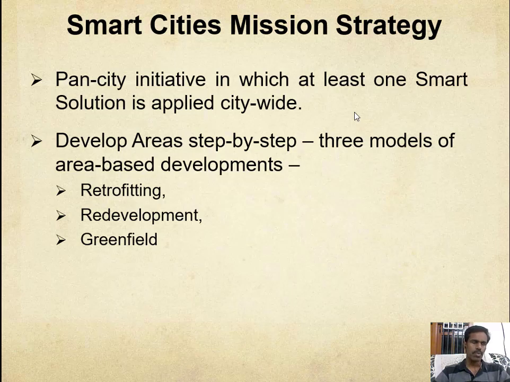Greenfield means whichever place is unoccupied or unused, we have to use those places, and we have to keep some greenery, or provide some shelter. So the unused area, which is not used for any other purpose, we are supposed to use it. These are the three basic things we are supposed to concentrate on when we go for a smart city.